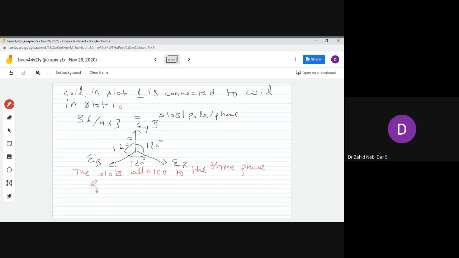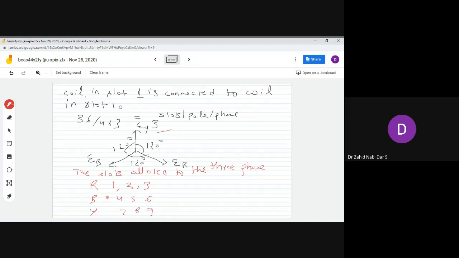We can write R, B and Y. For each phase, slots per pole per phase is 3, so 3 slots will be connected to R, then the rest, 4, 5, 6, to another phase, and 7, 8, 9 to Y.